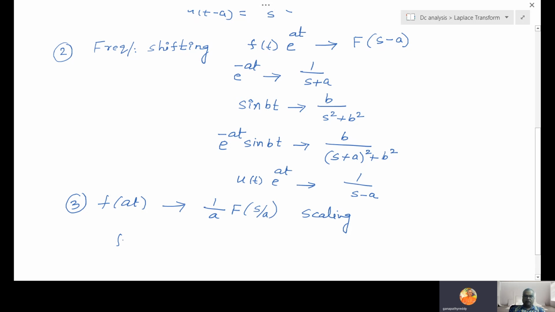It is like, f of t transform is F of s. What is f of 2t transform? 1 by 2 F of s by 2.